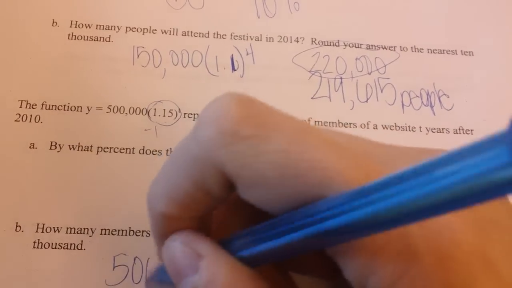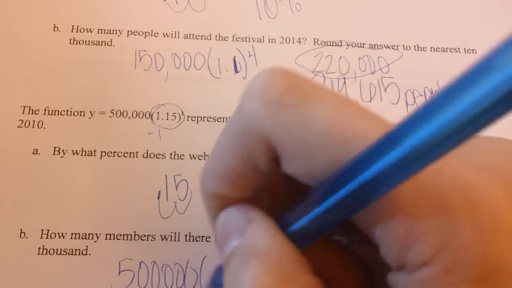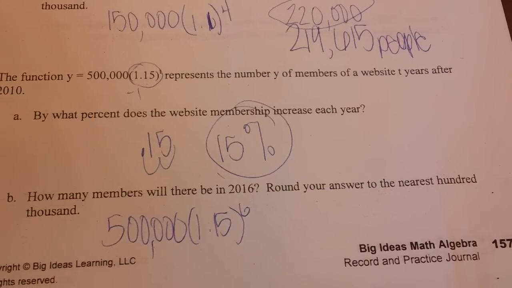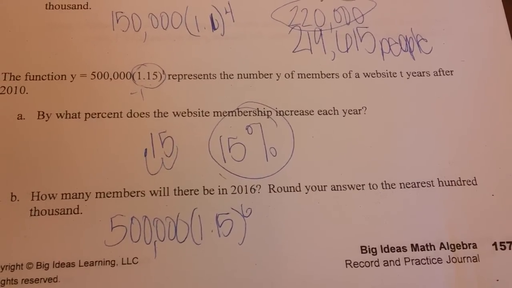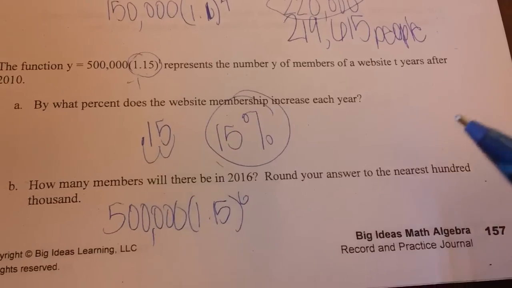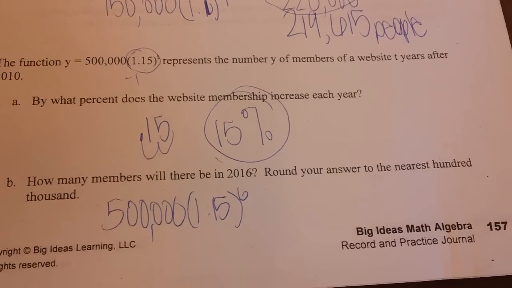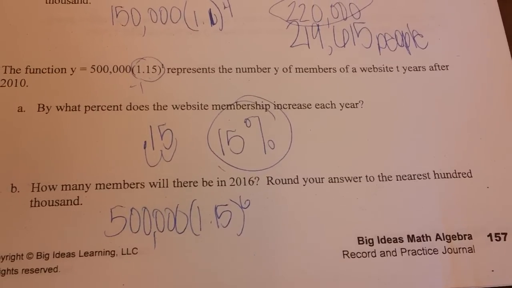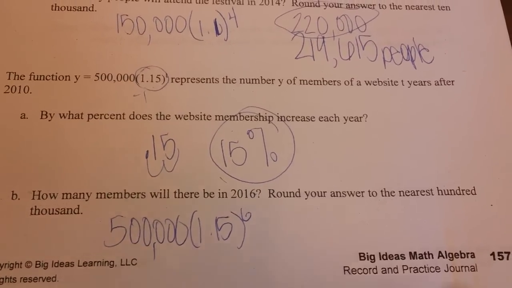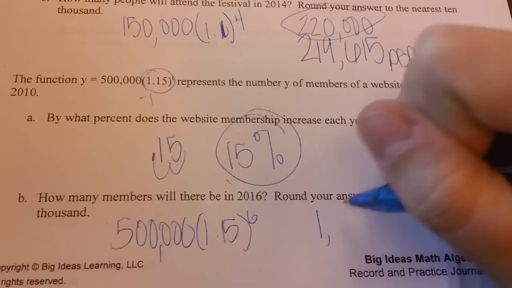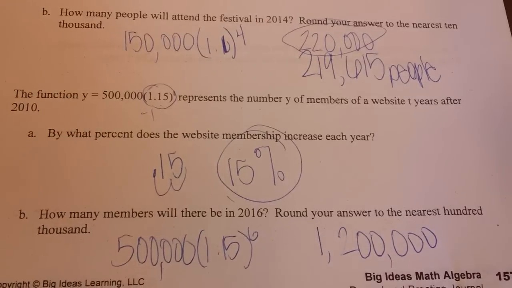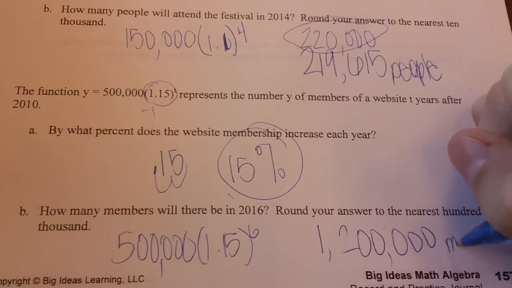So I type in 500,000 times 1.15 to the 6th power. And I get 1,156,530, a decimal answer. So the nearest 100,000 would be 1,200,000 members.